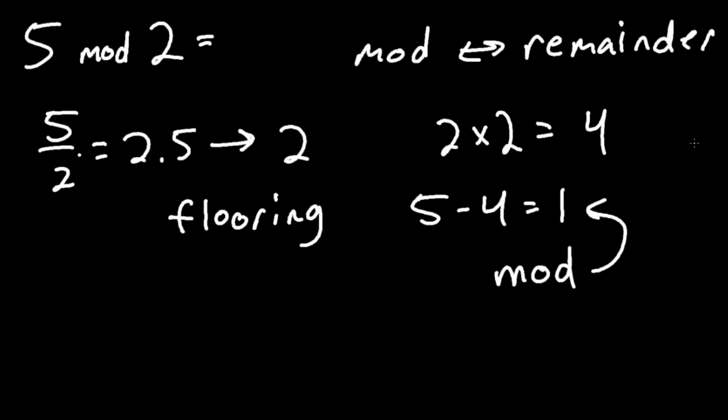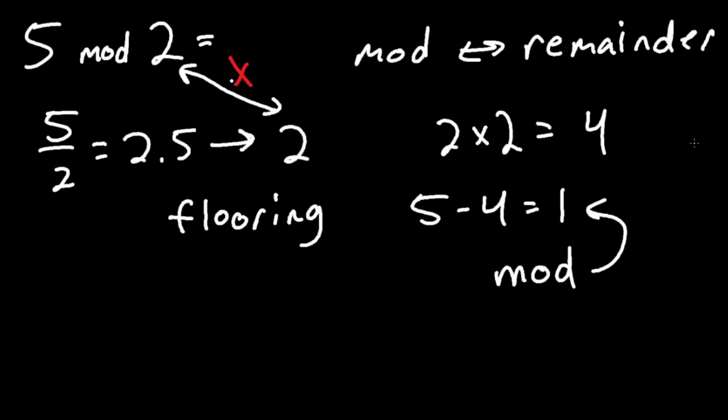And I know that was a lot of steps, so let's go ahead and cover our tracks again. So what do we do? Well, we divided 5 by 2, right? The left number by the right number in the mod operation. We got the decimal, and then we floored it. Once we found the floor of 5 divided by 2, all we did was multiply these two numbers together, right?